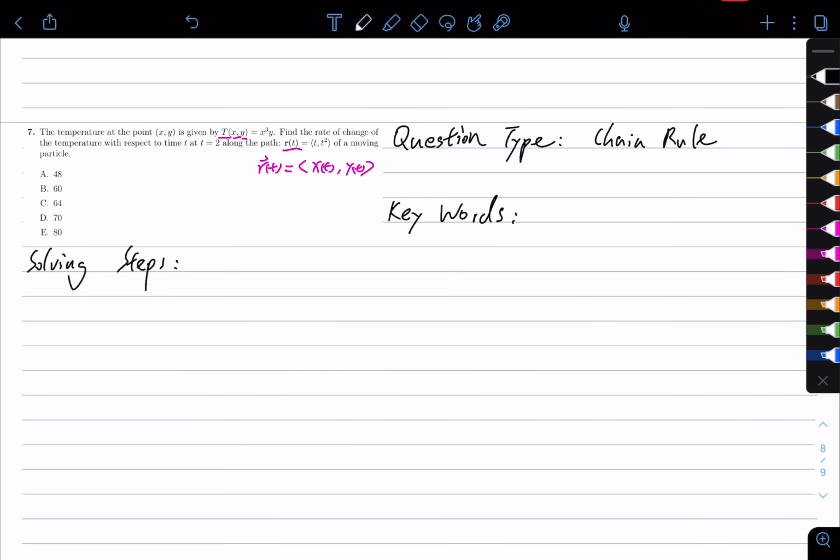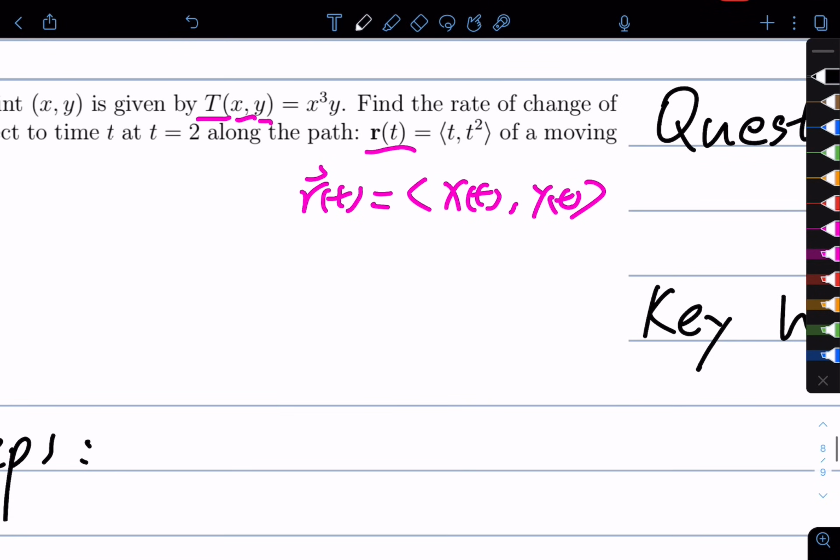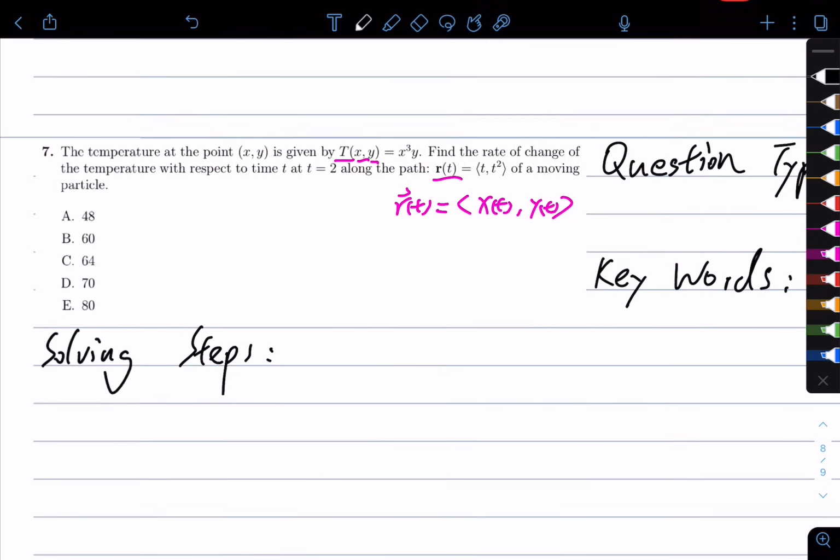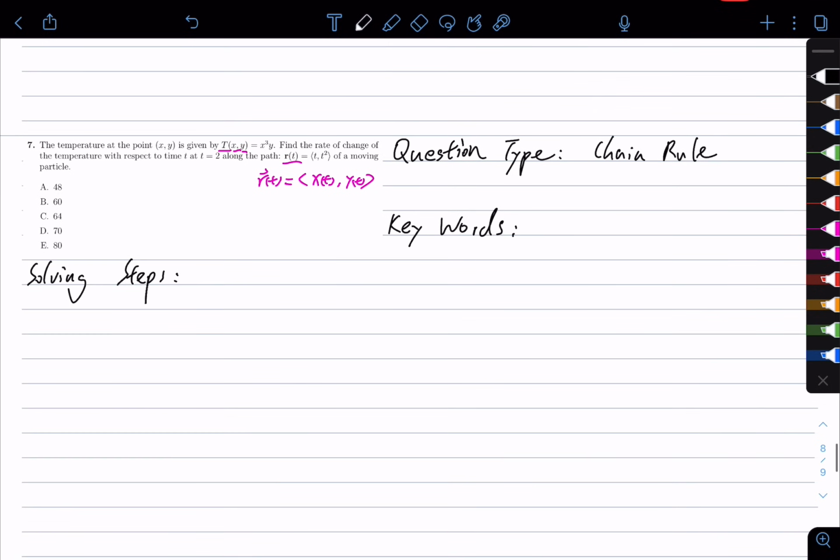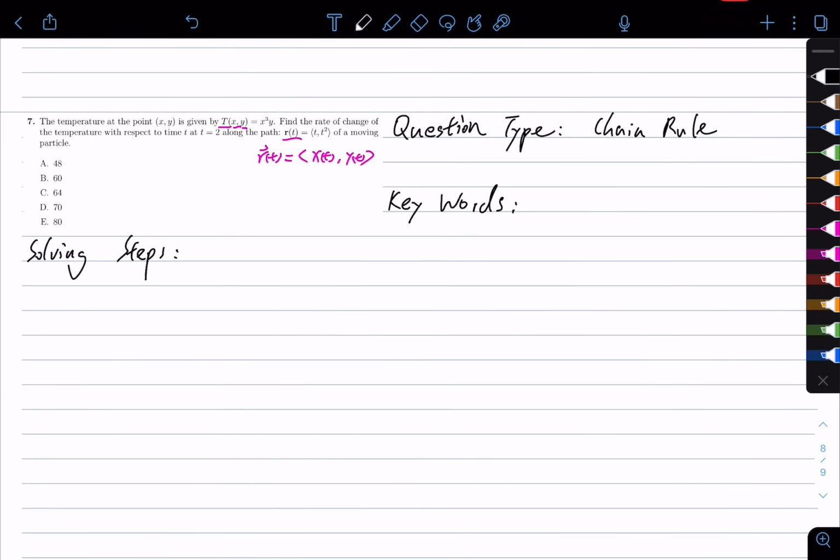It might not be easy to tell, but if you pay close attention to the keywords that the problem is providing, it's not too difficult to tell. So the chain rule, and how do we know that? Because we have a dependent variable, a function of f or a function of t. Usually it's these two, but they are not limited to these two variables. Intermediate variables, in this case x, y, or even z if you want.